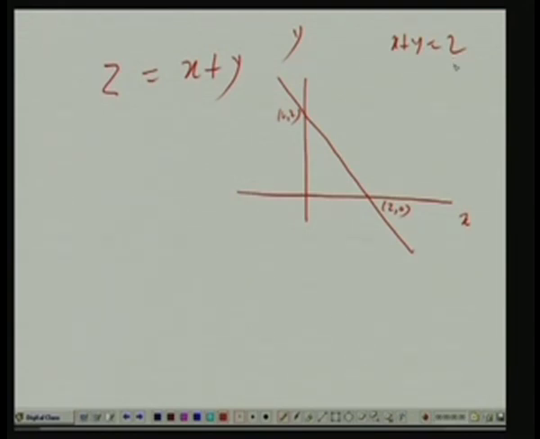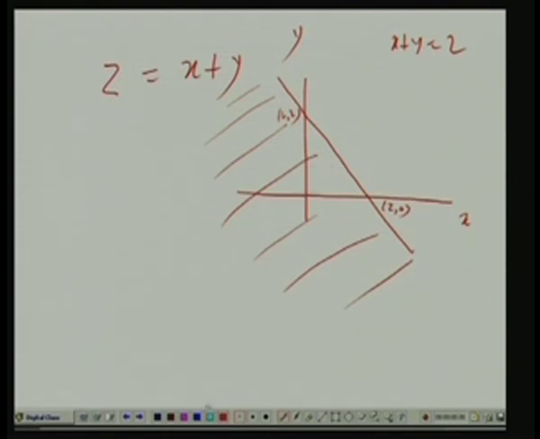That can happen only if, as you can see, I consider this region. Because here, if you take any point x, y, and put x plus y as a constant, whatever that constant value is will correspond to a particular line, and obviously that line will be to the left of this line. The value of z will be less here.